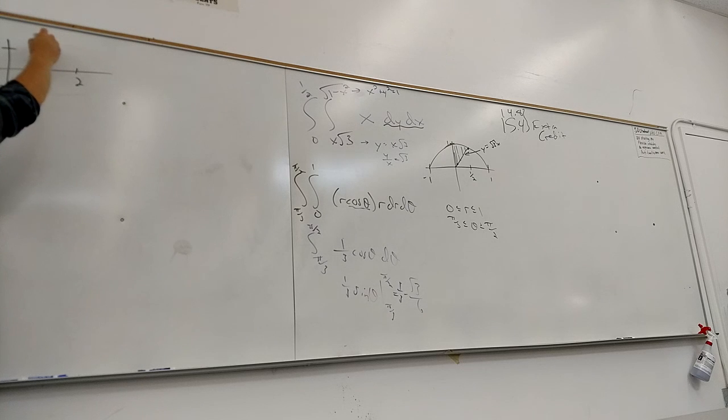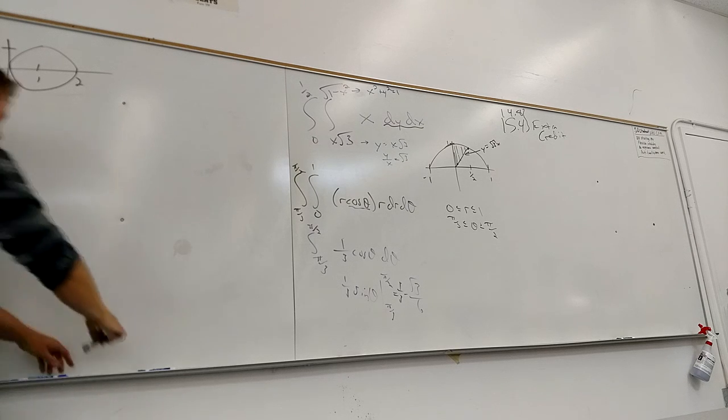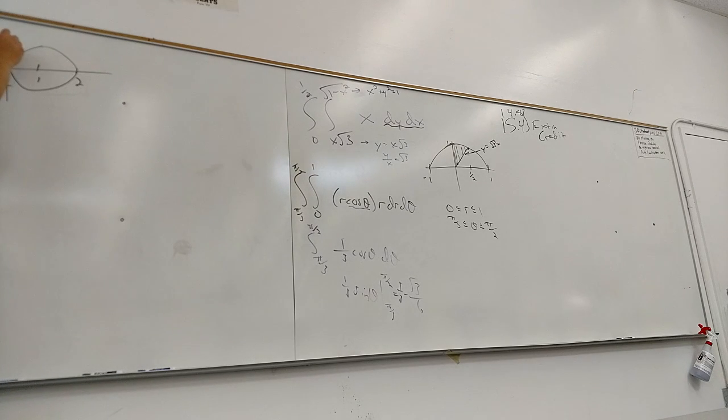And of course, that other circle is centered at the origin. So they don't want anything inside this circle, but it has to be inside this one. Outside this one, inside that one. So hopefully it's pretty obvious, it's going to be this region here, which is a funky kind of region.